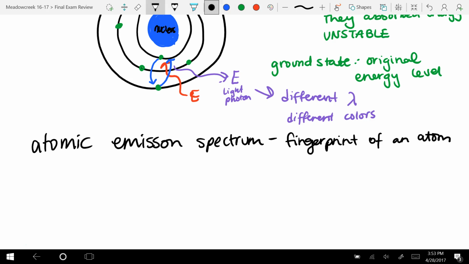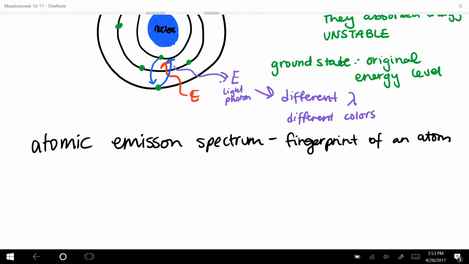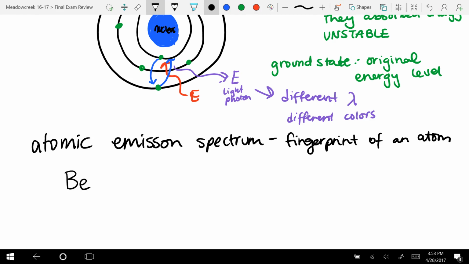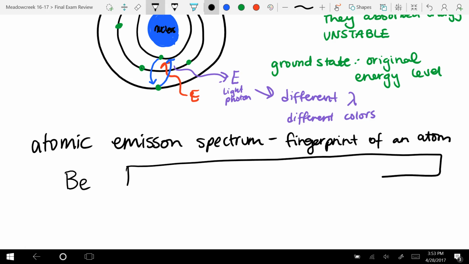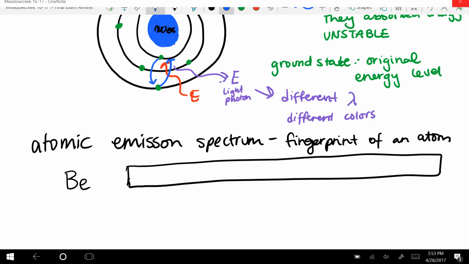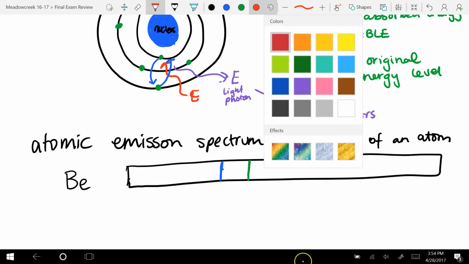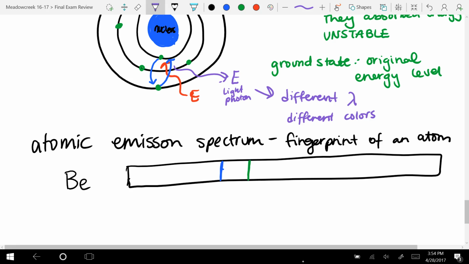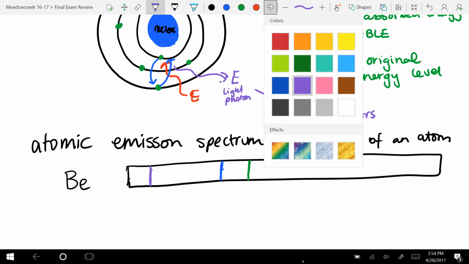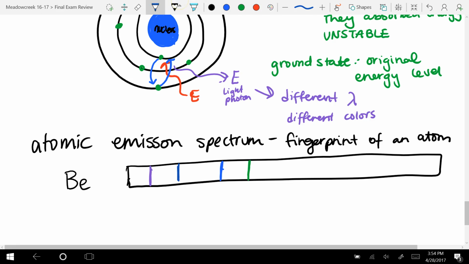So, for example, I have beryllium, Be, on its spectrum, which would just look like a little box, and it would have discrete lines. Beryllium has a blue line, then a green line, and then some purple lines down here, like one purple line and a dark bluish line.